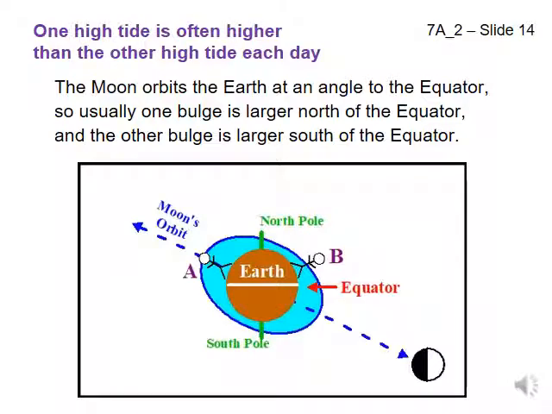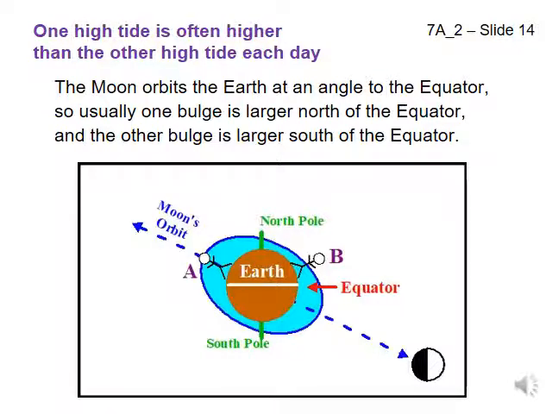Thus, the Moon's gravitational pull shifts the bulges, making one bulge larger north of the equator and one bulge larger south of the equator. As you might imagine, the larger a bulge is in a hemisphere, the higher the high tide it creates, and the less of a bulge there is in a hemisphere, the smaller the high tide it creates. In the diagram below, both people are in the northern hemisphere.